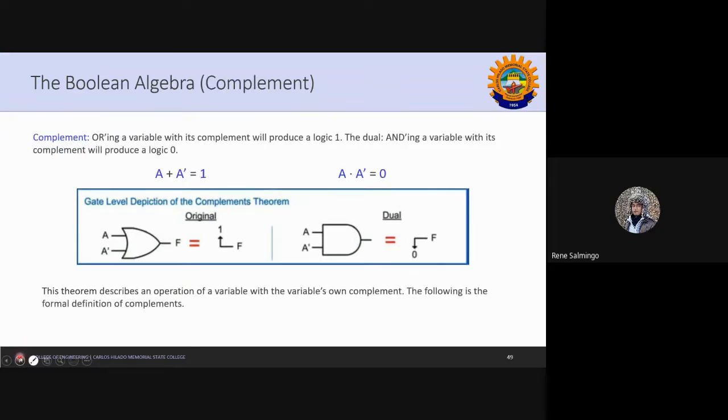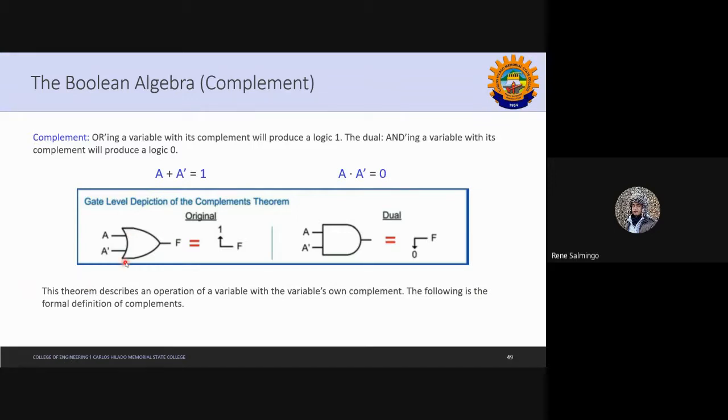Now we have the complement. The complement is used mostly in advanced combinational logic, and it is useful if you know this theorem. You will always need to remember this.